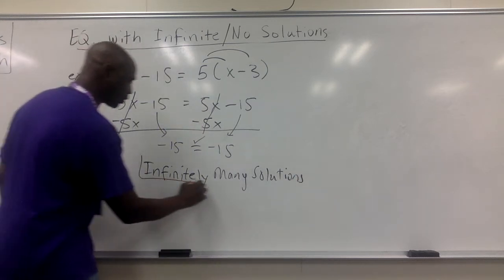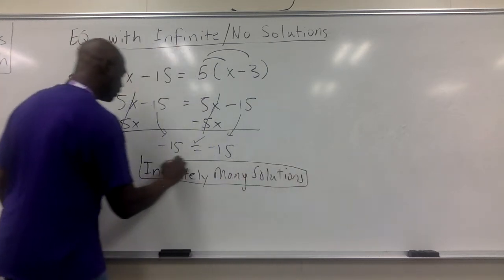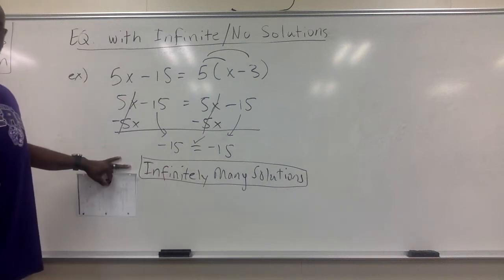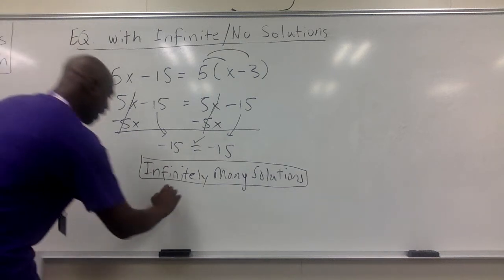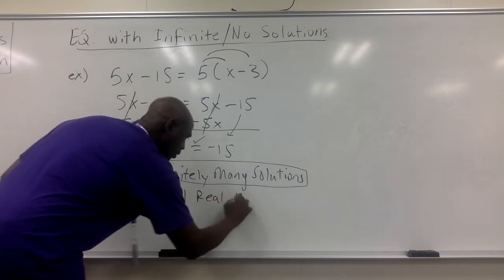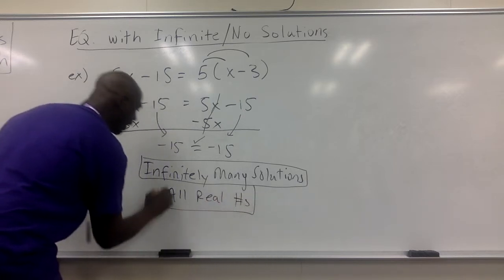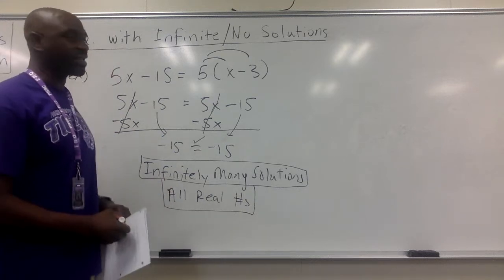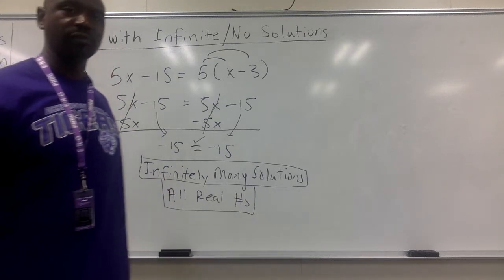Right? That is your answer. You cannot answer with one number for x if there are infinitely many of them. Now, another way of saying that is all real numbers. I will absolutely accept either one of those. They mean exactly the same thing.